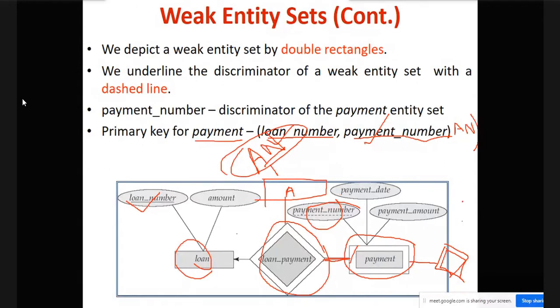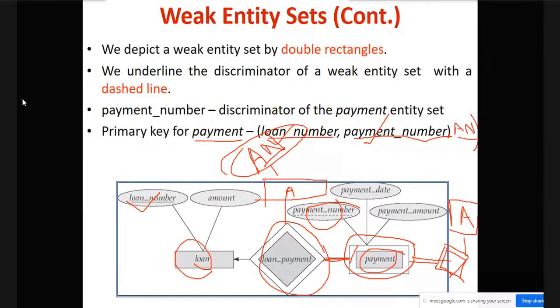Suppose this entity is present over here, account, and here it is total, and here it is account with account number. So again, the same thing is represented in this way. For this weak entity set, you have to identify how many relationships it is connected with to strong entities. All those primary keys will be part of your weak entity set primary key.